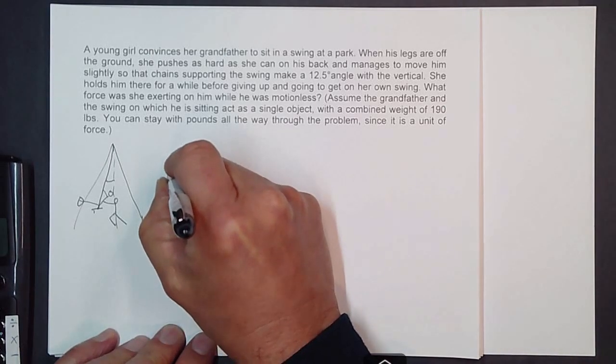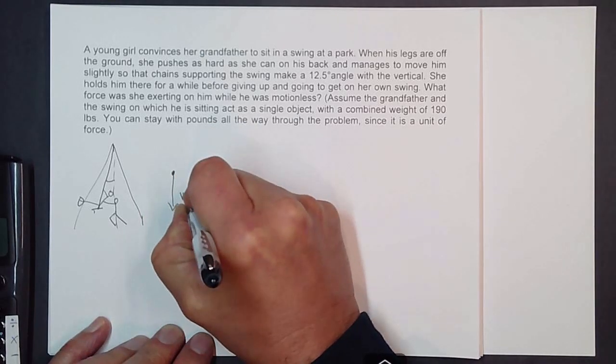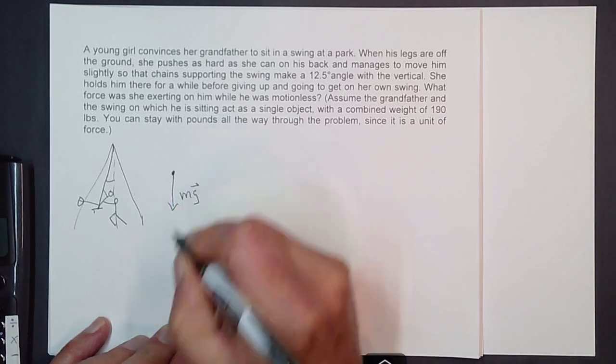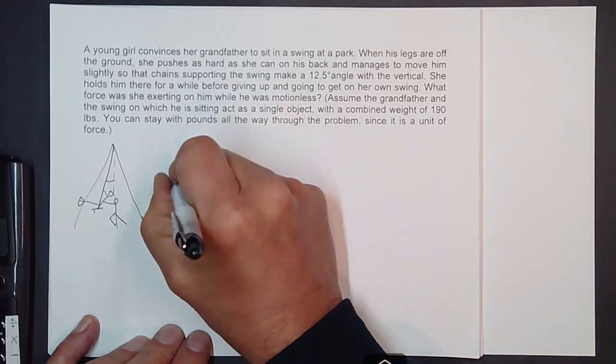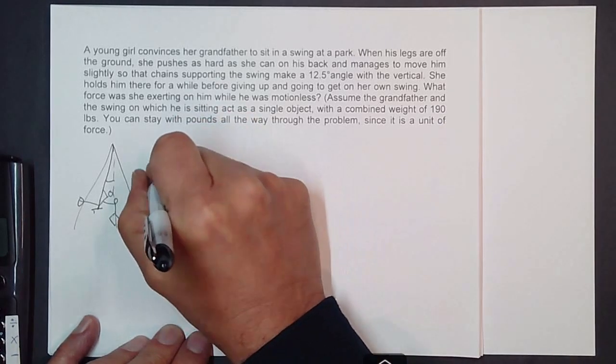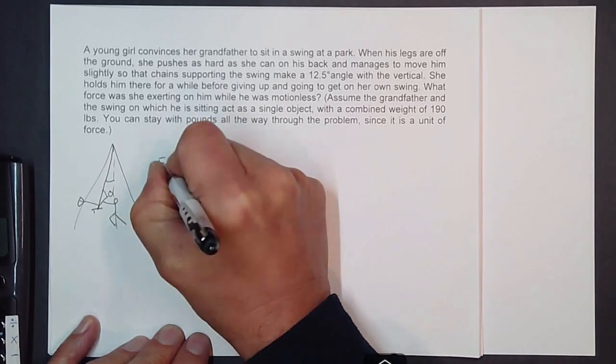So let's do a free body diagram for the grandfather and the swing. Here's what we have. We'll have mg, the weight of grandfather and the swing. That's the 190 pounds. And then over here is the force of the granddaughter.